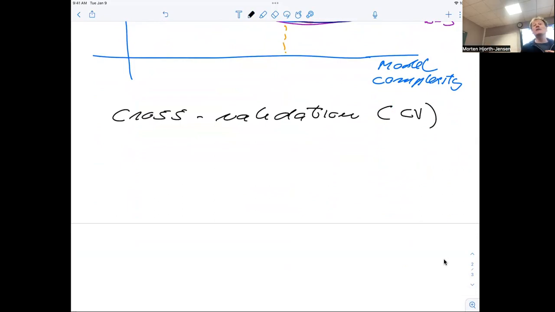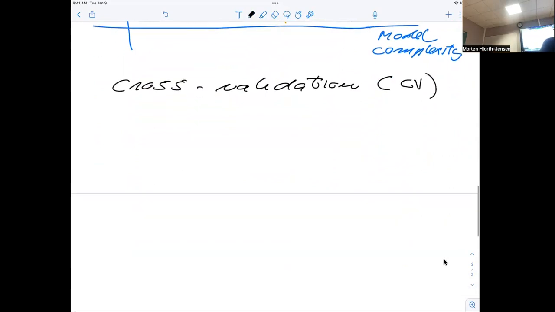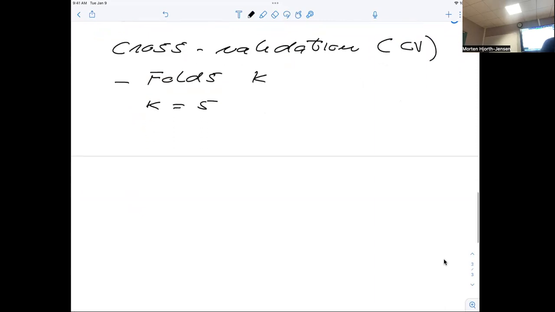It has some default values which you can change. In the cross-validation case, there's one quantity which is normally called the number of folds. We call that K, and that is the way you split your data. Typically, if you have K equal to 5, and we discussed that last time, I just wanted to quickly remind you of it so we're on the same page.